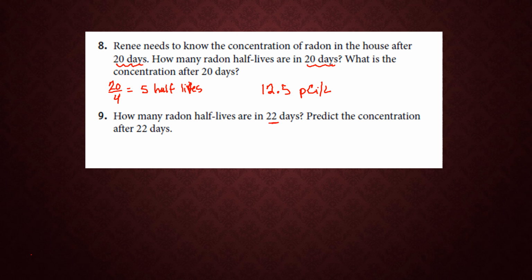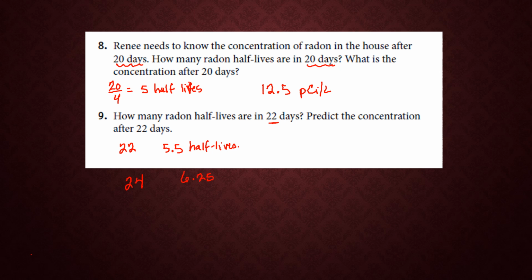So then how many radon half-lives are in 22 days? And we're going to make a prediction. So 22 days is like another half of a half-life, right? So 5.5 half-lives. It's not going to quite get cut in half, but halfway. If we went to 24 days, it would be another half-life, so it would get cut down to 6.25.